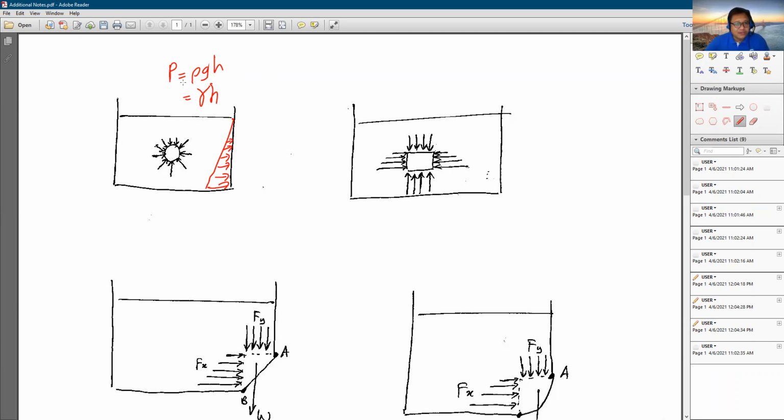Then if you want to know about the force due to this particular pressure, you know that pressure is actually force over area.